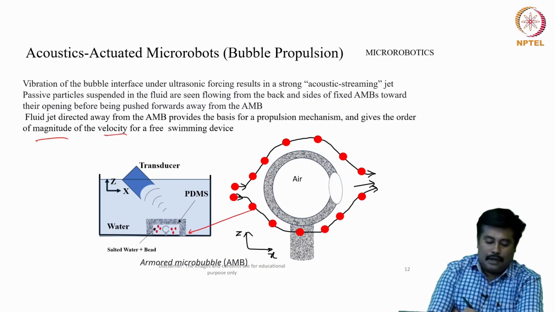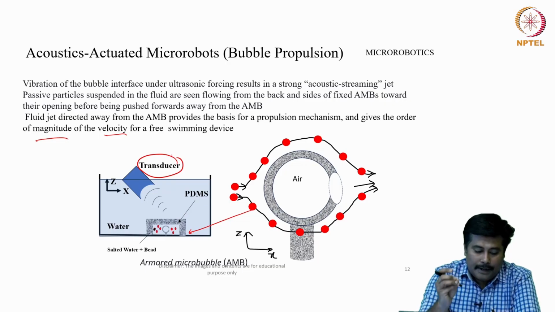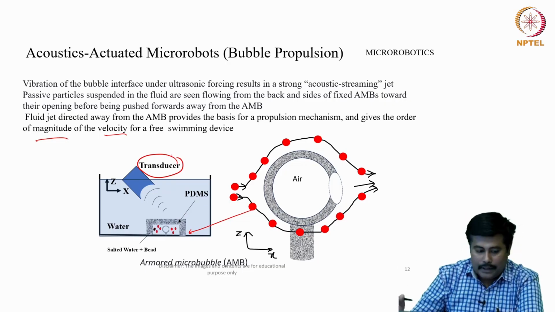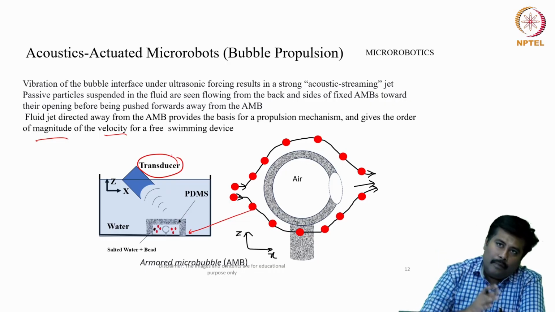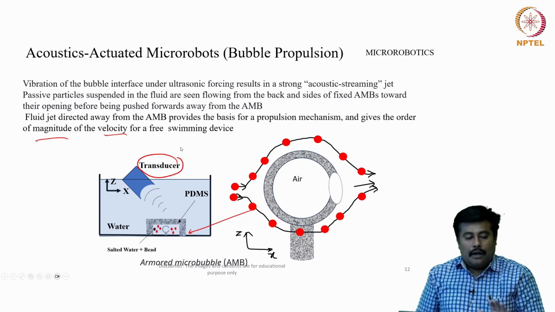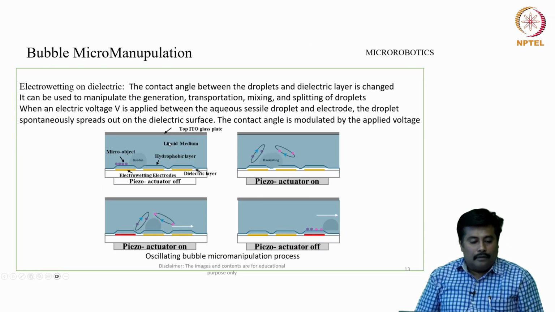Ideally these transducers act as a source for orienting these bubbles in a particular direction, which takes care of the magnitude and velocity for an appropriate propulsion. This kind of configuration is called an armored microbubble configuration.